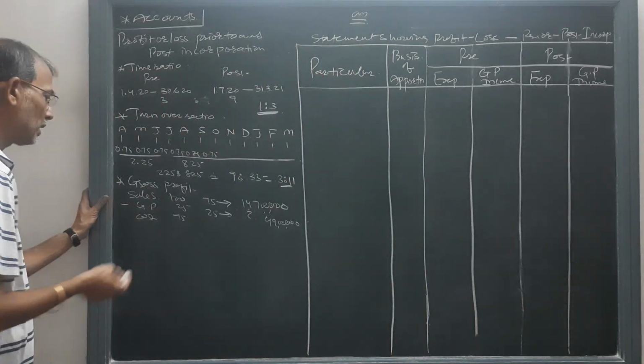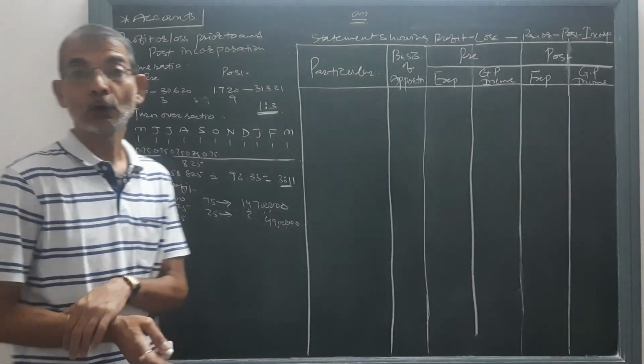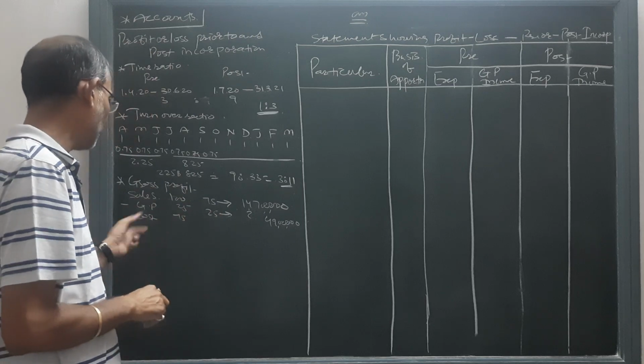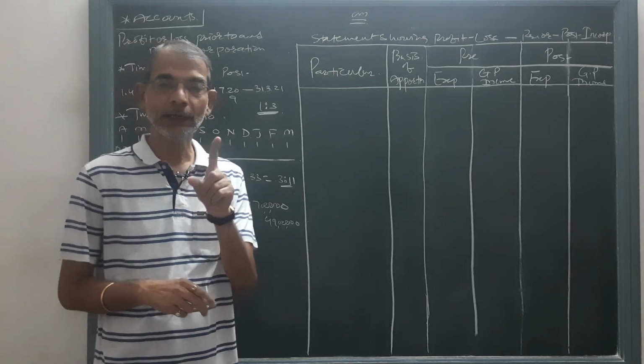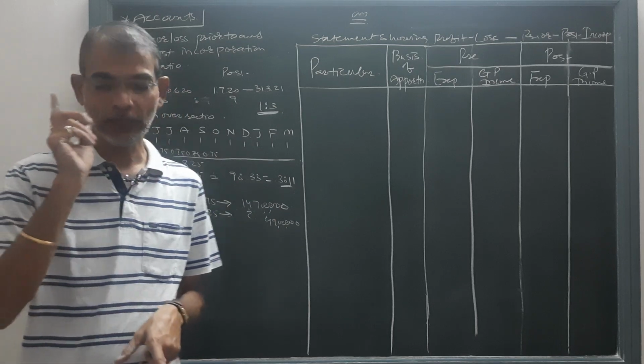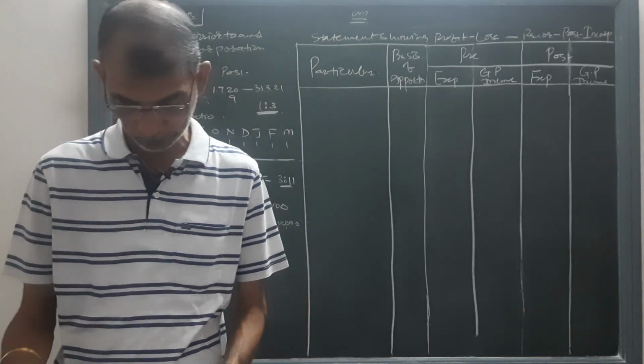How? Suppose sales is 100, gross profit is 25, so the cost of goods sold will be 75. Against 75, it is 1 crore 47 lakh. So against 25, it will be 49 lakh.